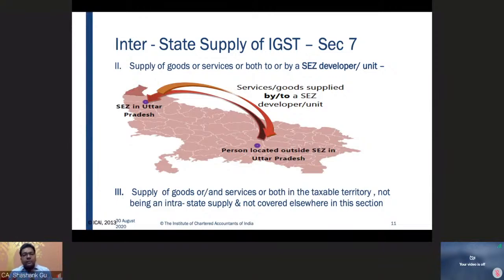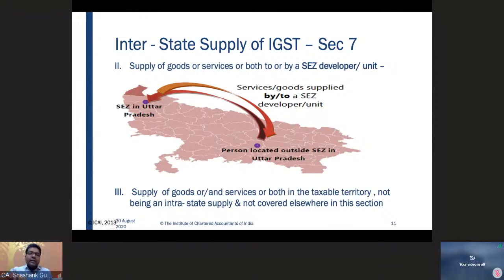So special economic zone, short form SEZ, is what you can say a small cluster, right? It's a small cluster wherein all export units set up their bases, undertake operations and send goods or services to outside India. So again, because government wants to give them the benefit that is free of tax supplies.